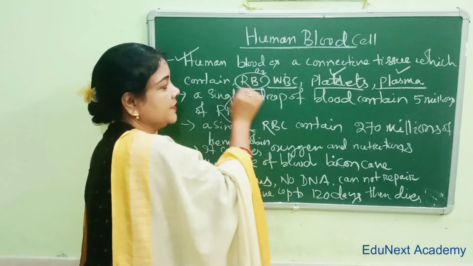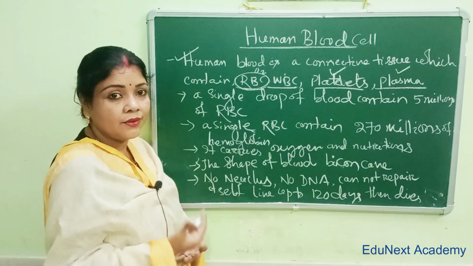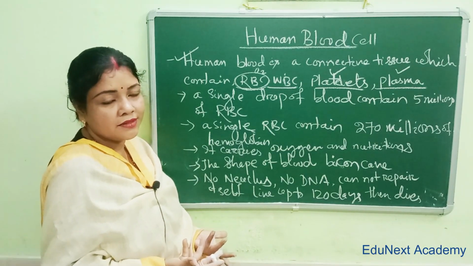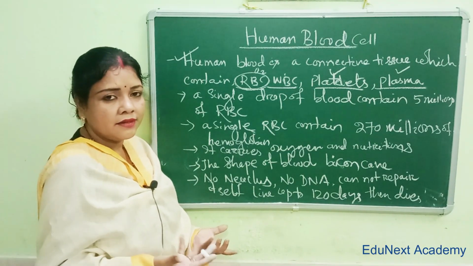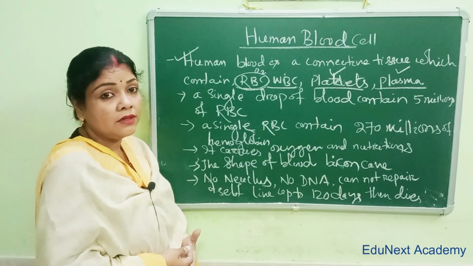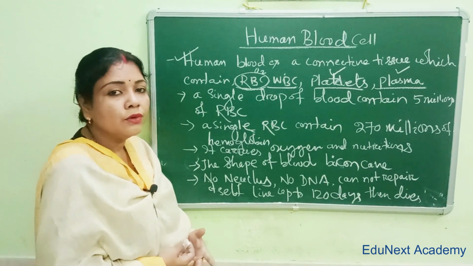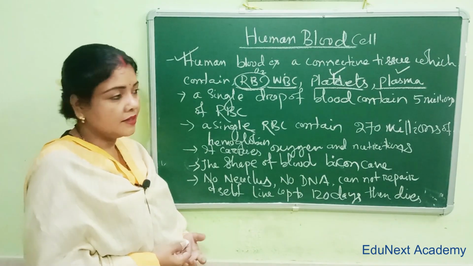Let us discuss RBC. RBC is a red blood cell. Its color is red. Every cell's color is not red, some are transparent, but RBC has this color due to the presence of hemoglobin. That hemoglobin actually gives the red color to the cell.